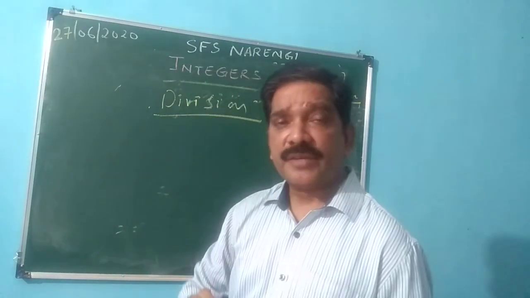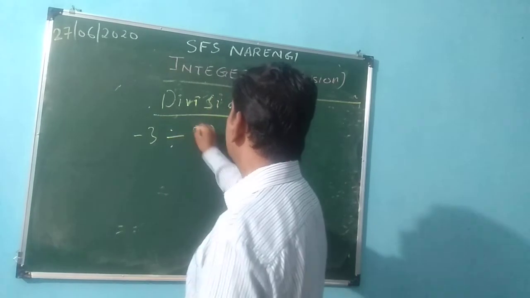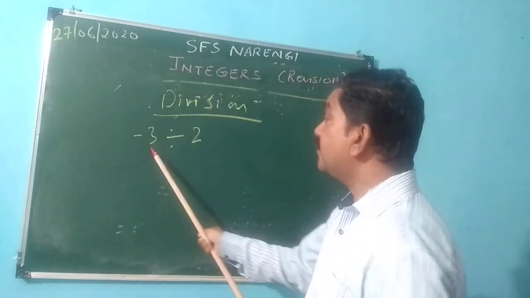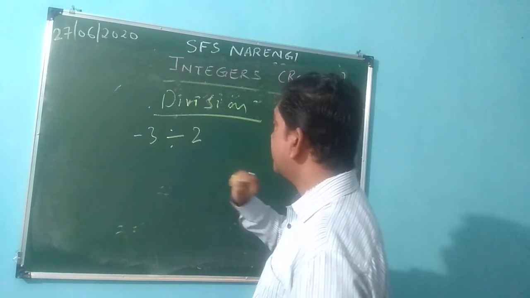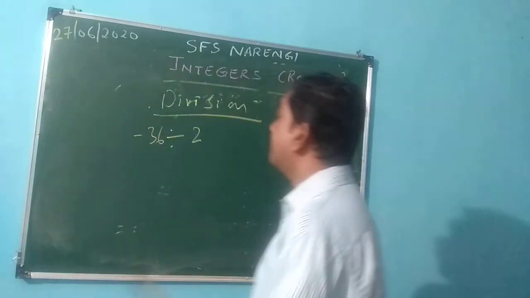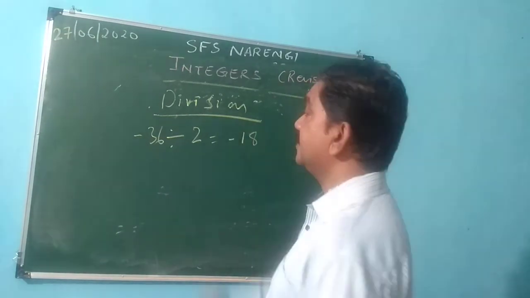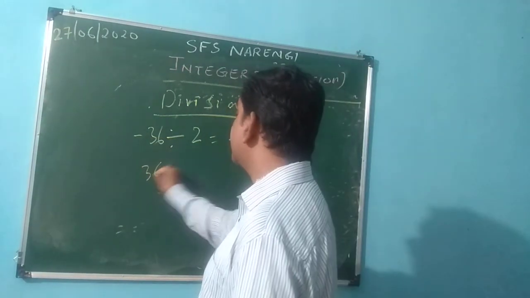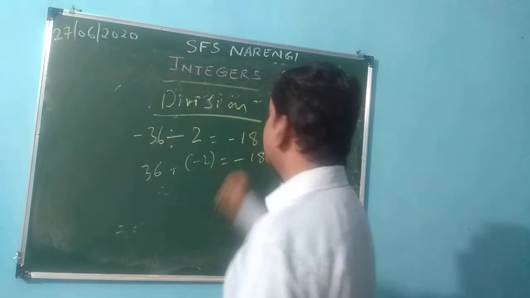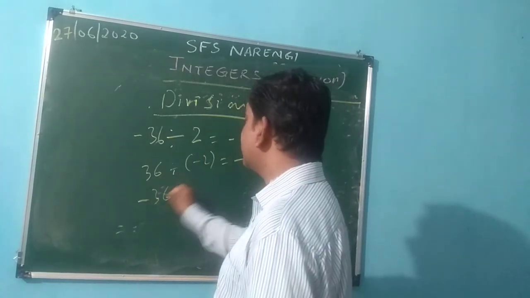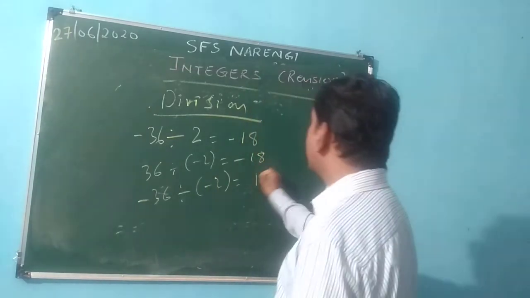In division you know very well, minus 3 divided by this sign, you know very well. If one of them is negative, answer will always come in negative. Let me write a number like this here. Let me write 36. Minus 36 divided by 2, answer is minus 18. If I write 36 divided by minus 2, then also the answer is minus 18. But if I write minus 36 divided by minus 2, answer is plus 18.